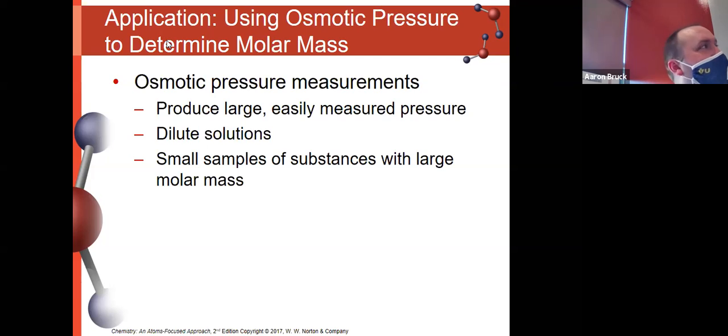And we can do so because it doesn't require a whole lot of substance, which when you're doing unknown analysis is a really big benefit. A lot of times when you're doing unknown analysis, you may only have milligrams of the substance to work with. And so this allows those people to actually do some analysis without having to use a larger sample.